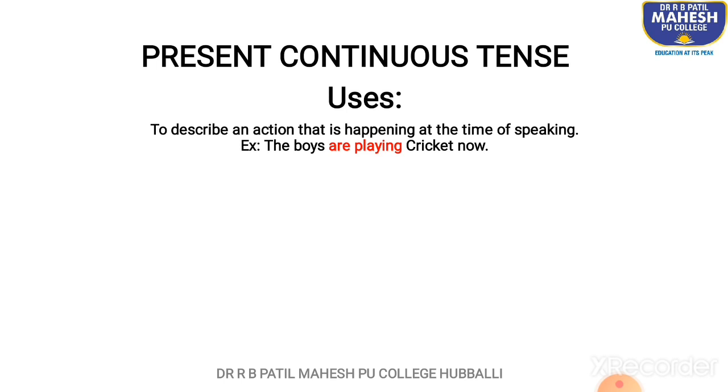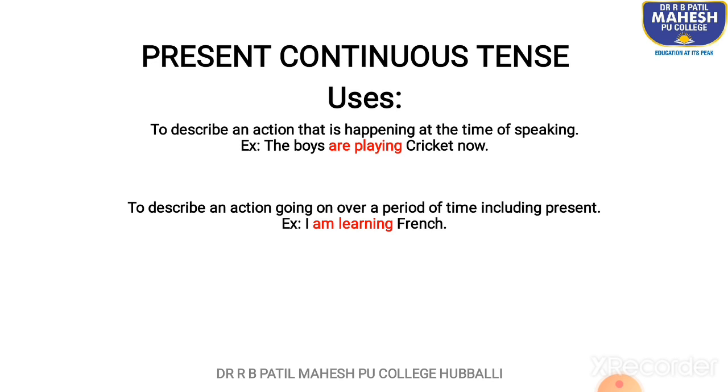Example: the boys are playing cricket now. The sentence has the helping verb and the main verb in its present participle form, to form this sentence in the present continuous tense. It expresses that the time of action is at that very moment, and it is going on, right?